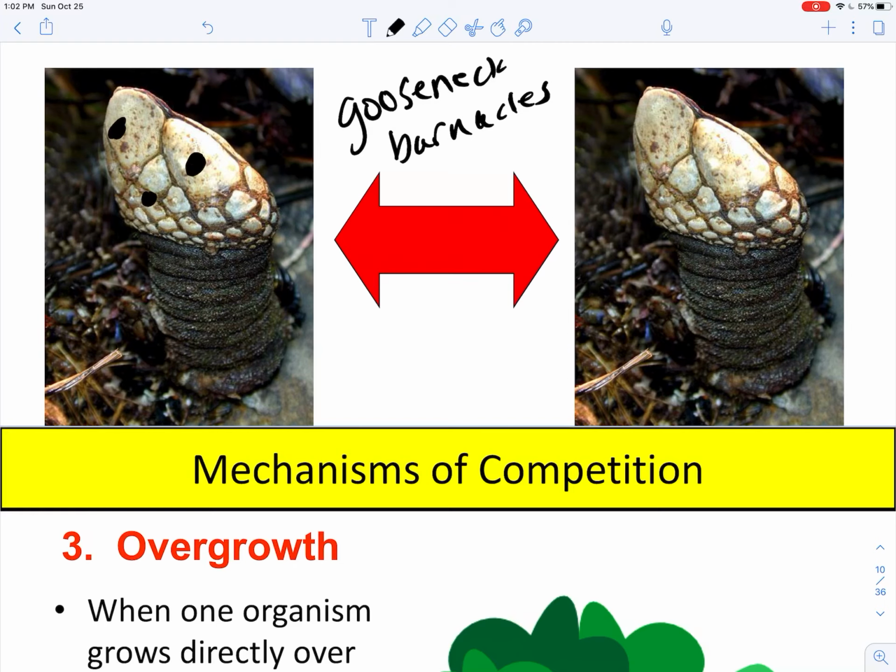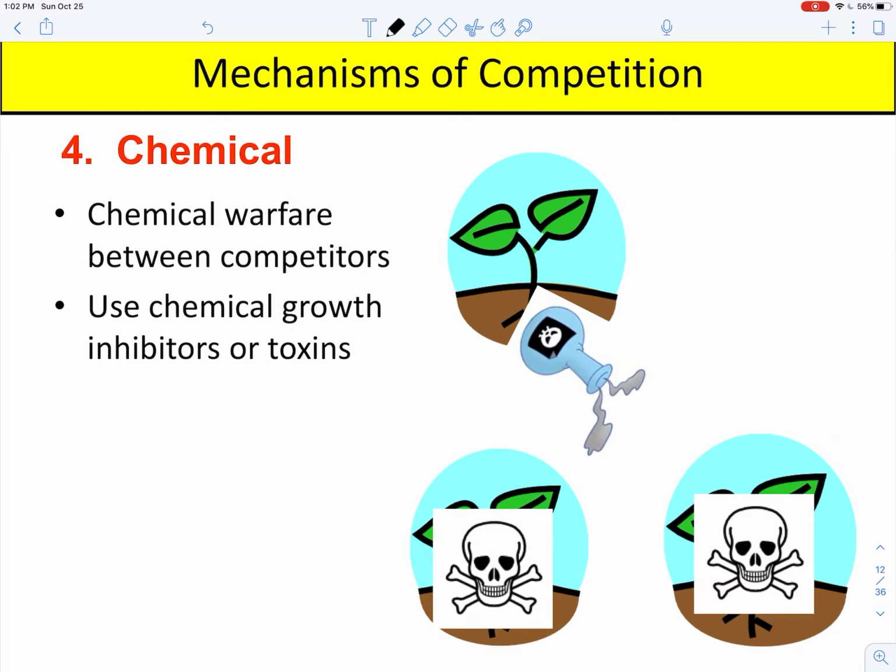The fourth major mechanism is chemical competition, and this is chemical warfare between competitors. So typically what we're going to see is that these species are going to use some sort of chemical growth inhibitor, where it's either going to inhibit the growth or even inhibit germination.